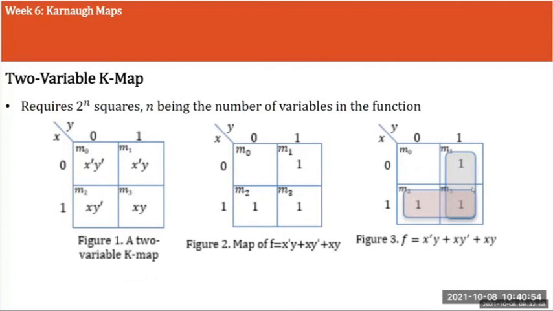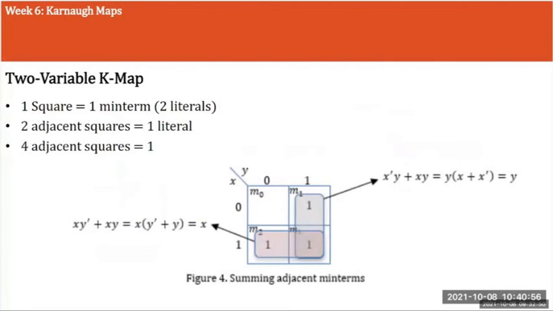Okay? Then two variable k map, so one square is equal to one minterm or yung two literals natin. Two adjacent squares, so that is equal to one literal, and four adjacent squares, that is equal to 1. So yung binilugan natin here is equal to the function xy prime plus xy is equal to y multiplied to the quantity x plus x prime equals to y.